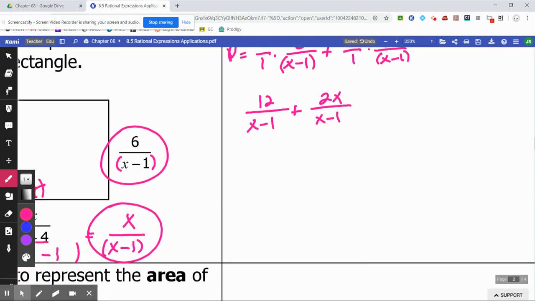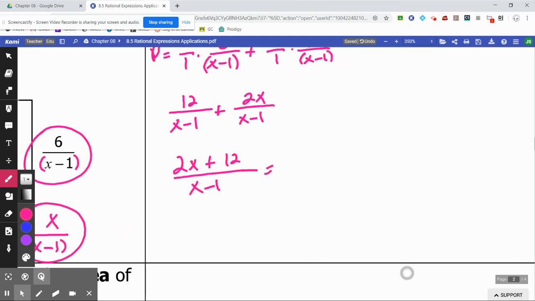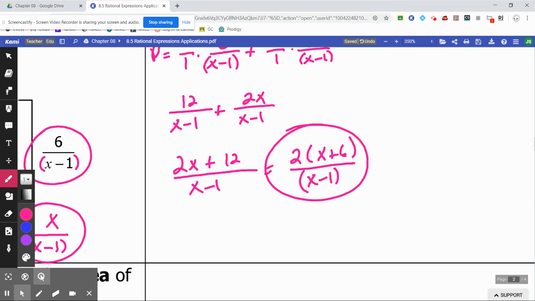Combine your tops, and I always like to write the x stuff first. 2x plus 12 over x minus 1. Just make sure it's not going to reduce. Factor out the 2. You're left with 2 times x plus 6 over x minus 1. That will not reduce, so there's your final answer.